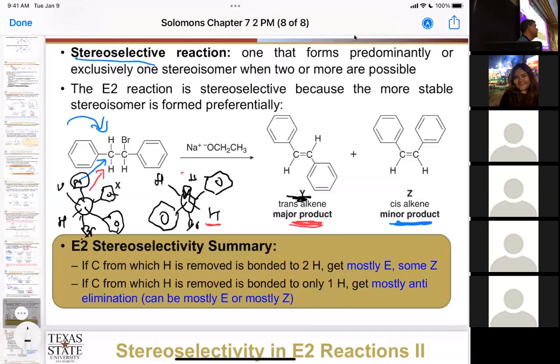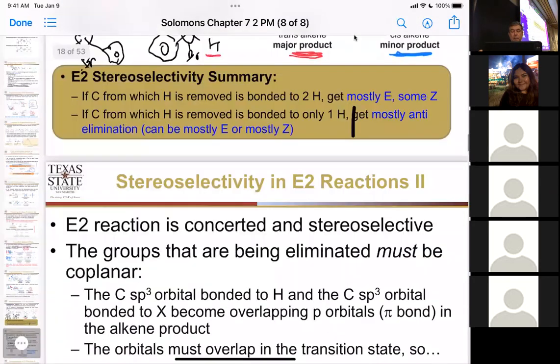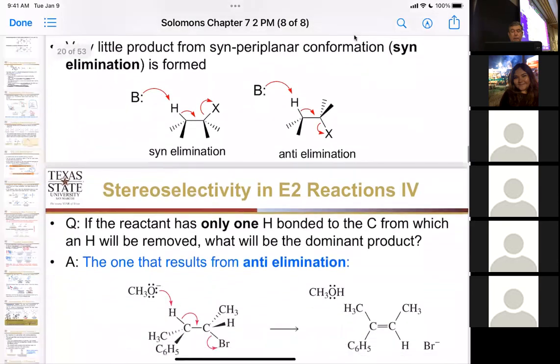How stable is the gauche versus the anti? It's less stable, right? So it's going to happen less. Therefore, it's going to be less of a product. So we have a stereoselective reaction, but we have to look at it from the perspective of your Newman projection. Okay, so let's try a couple more of those right here.